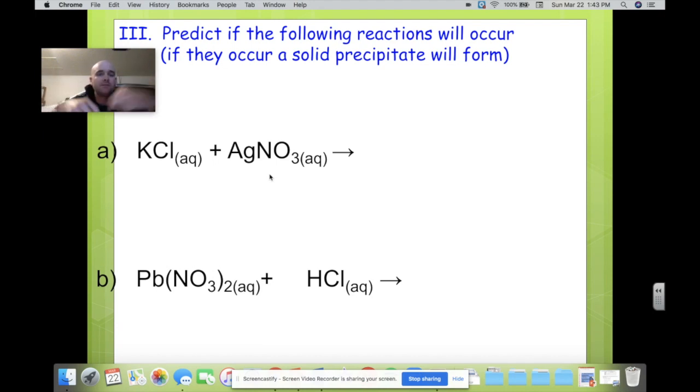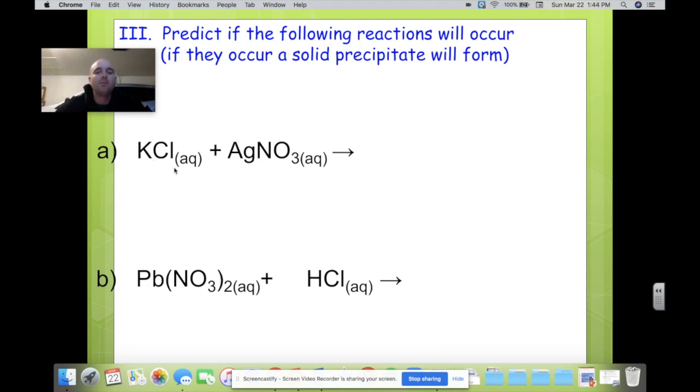And he said to remember that whenever it's aqueous, that really means that we have K plus and Cl minus swimming around in a homogeneous solution, right? In even mixtures. So as these are swimming around, some of these and some of these will come in contact with each other.